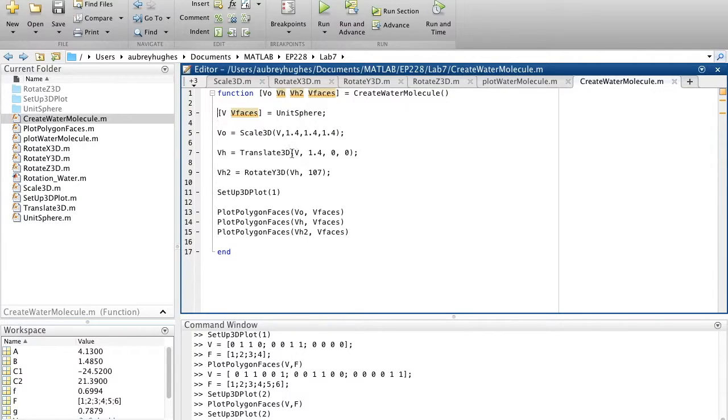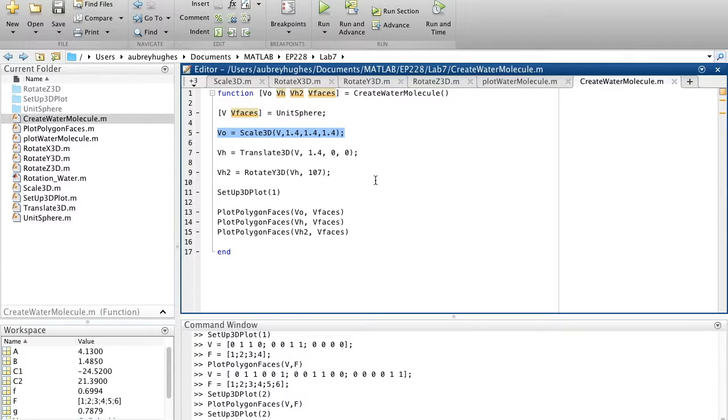So first things first, we create this unit sphere, returning V and V faces, because we're going to alter V continuously as we build everything. So our VO, according to what is given to us in the question, says that the oxygen molecule is 1.4 times bigger than the H molecules, which means that we need to scale the whole thing by 1.4, and we have to make sure that we scale the X, Y, and Z components.